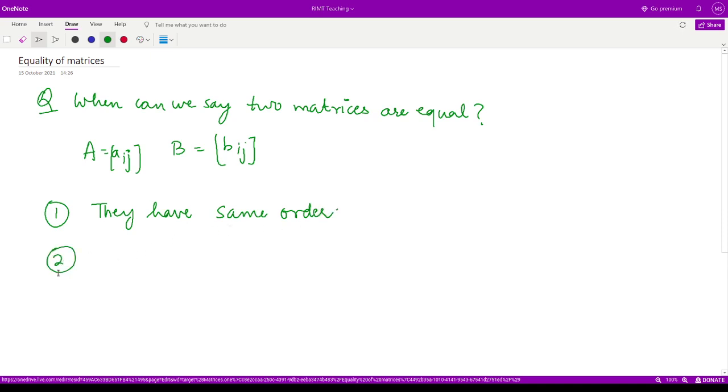And second thing, all the elements in the corresponding positions, that means same positions having the same indexes, are equal.